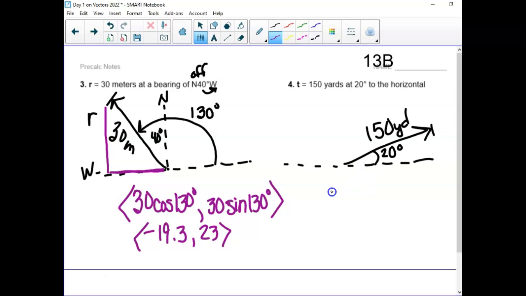Anybody do this last one so I don't have to type it? 150 cosine of 20. 150 sine of 20. What's after the 9? 9.5. So yeah, 141 maybe.